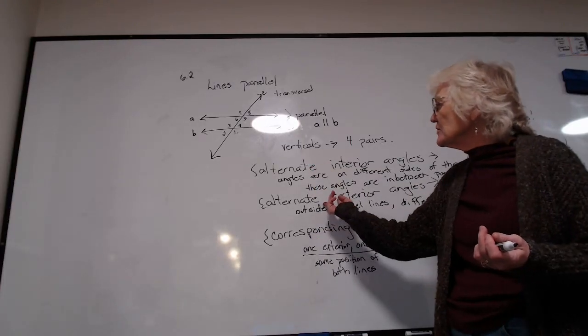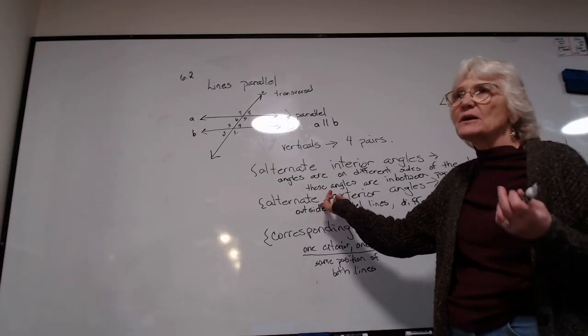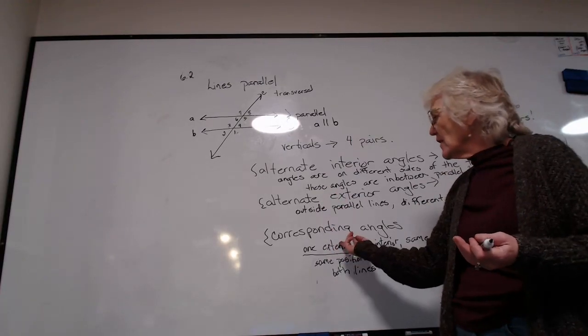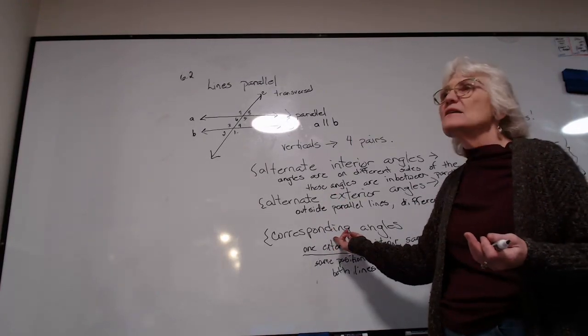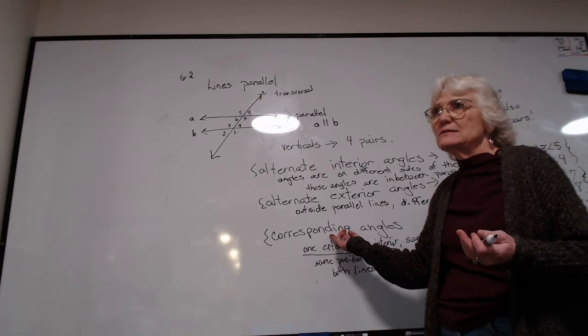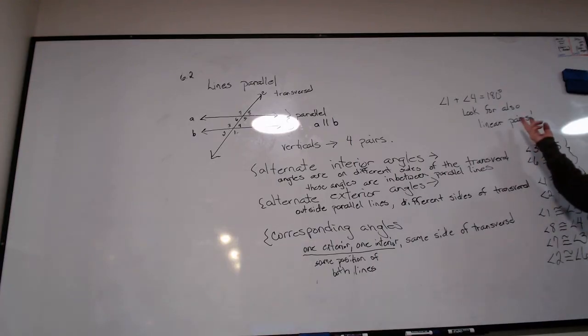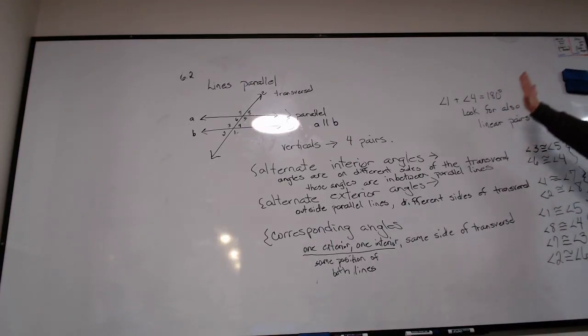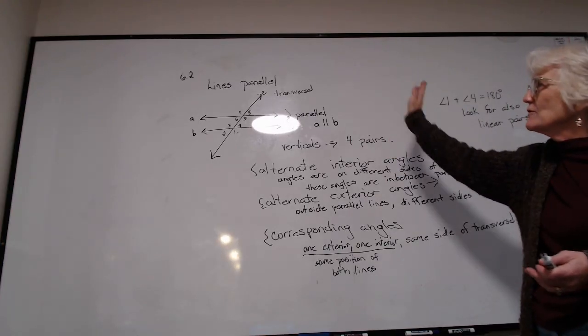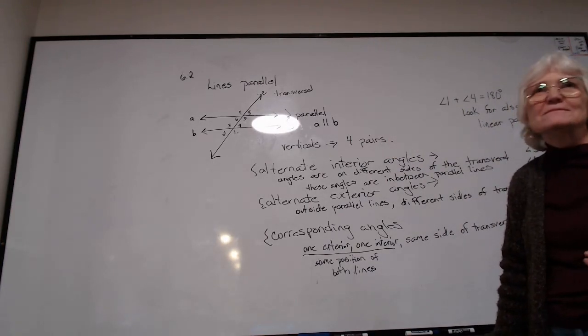If I prove that two alternate exterior angles are equal, that will mean the lines are parallel. If I find two corresponding angles that are identical, that means they are parallel. Vertical angles don't work; that doesn't prove anything, because I can have vertical angles and it doesn't mean they're parallel.